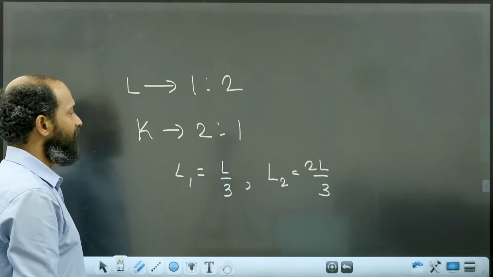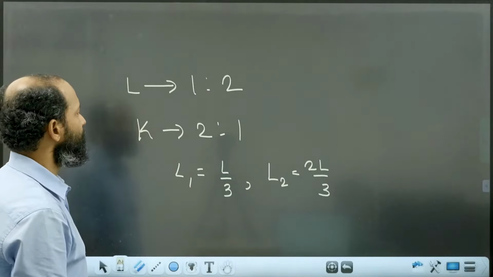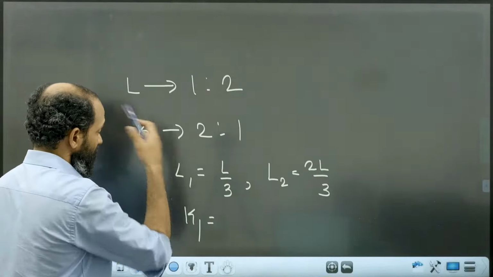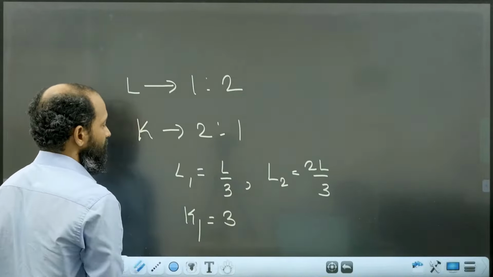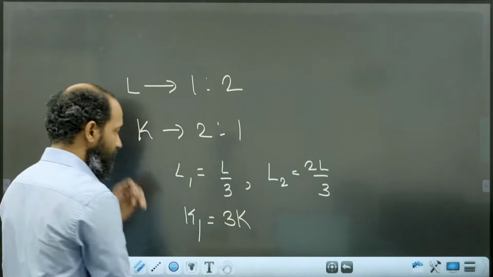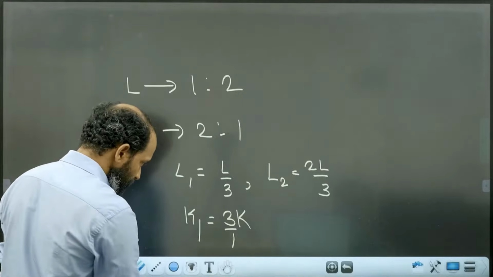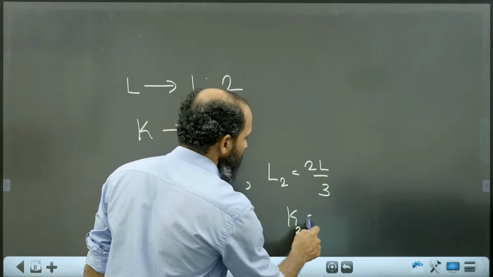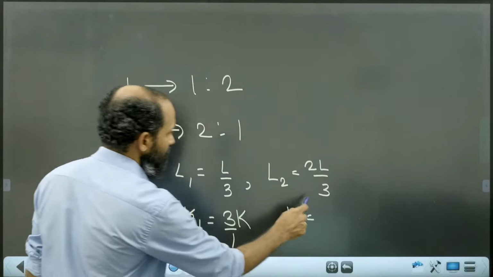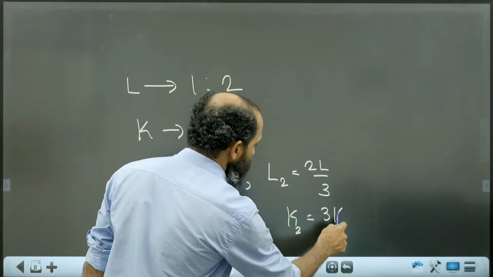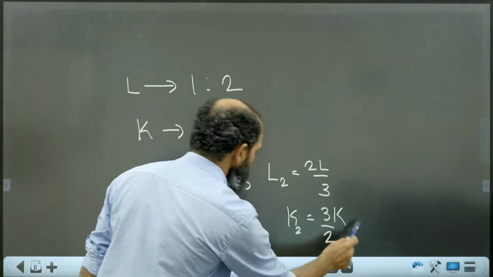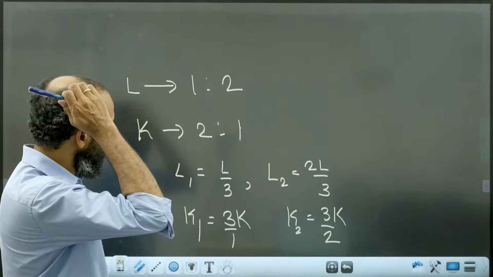Like that, L1 by L2 is 1:2. Then what will be K1? K1 will be the spring constant of this shorter one, that is greater, 3k divided by 1. K2 equal to, what is the sum? 3k. 1 plus 2, 3 divided by 2. So 3k and 3k by 2.